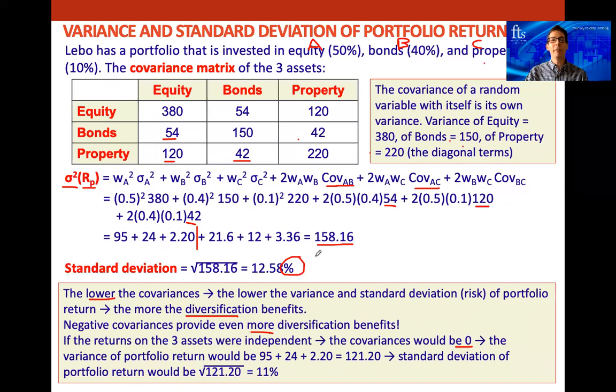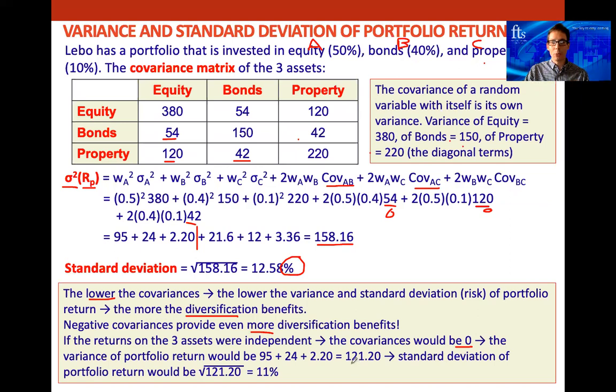Why? Because if the covariances were 0, then we'd have a 0 over there, and a 0 over there, and a 0 over there. So all of these other terms would be 0. We would only have to worry about the first 3 terms, and that would be 120.